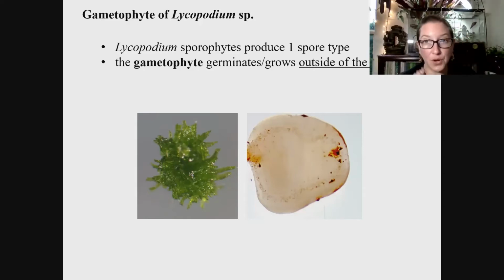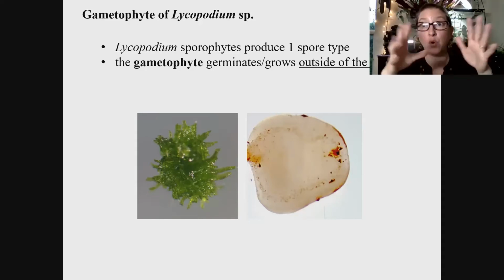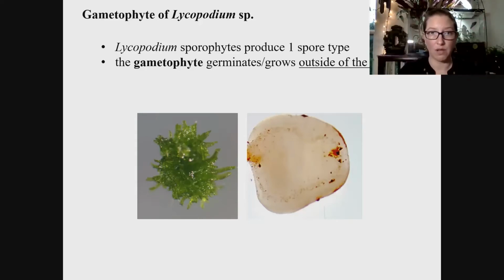Well, in Lycopodium, the gametophytes don't get quite as big as in the non-vascular plants, but they still grow outside of the spore wall. The spore will land on dirt and then the gametophyte plant will grow out of it. Here are two examples of Lycopodium gametophyte plants.